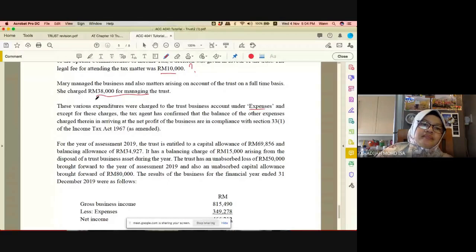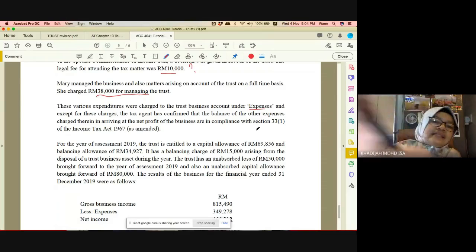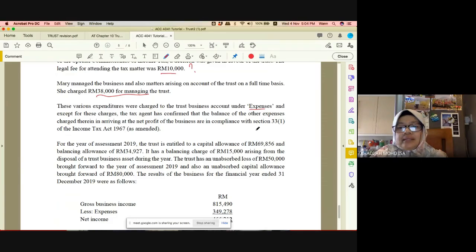And they say that except for these charges, the tax agent confirms that the balance of other expenses are in compliance with section 33. So other than this, everything is allowable expense.